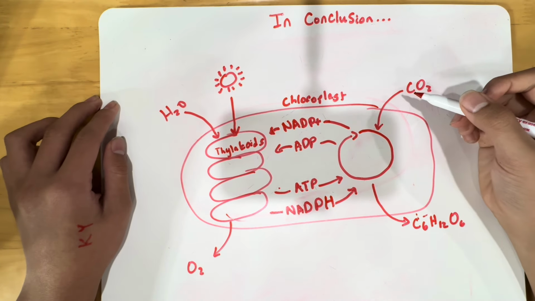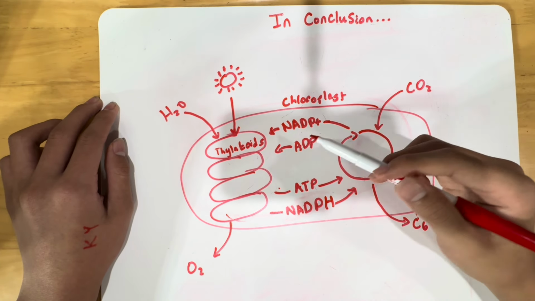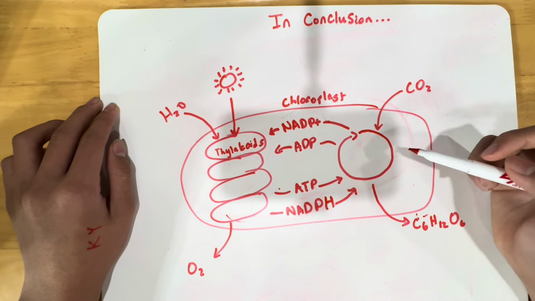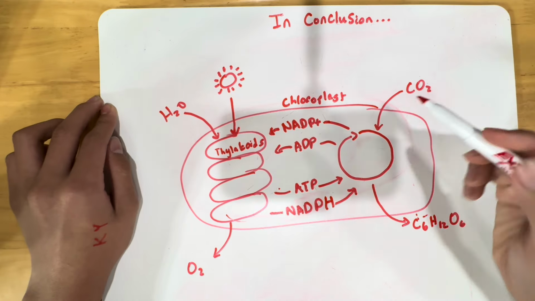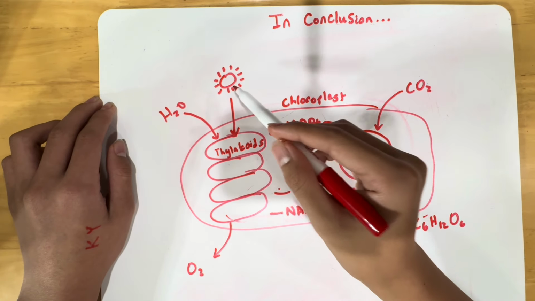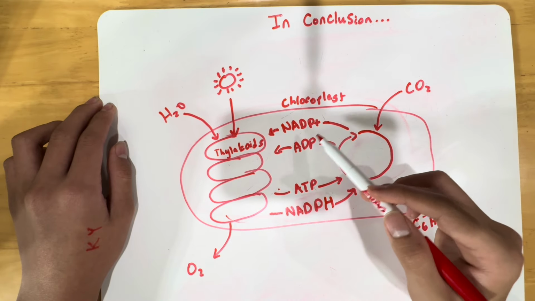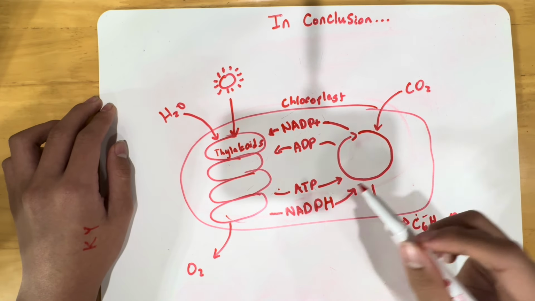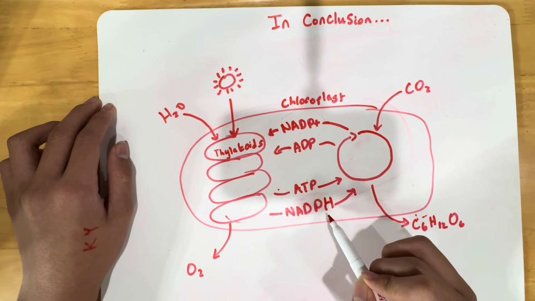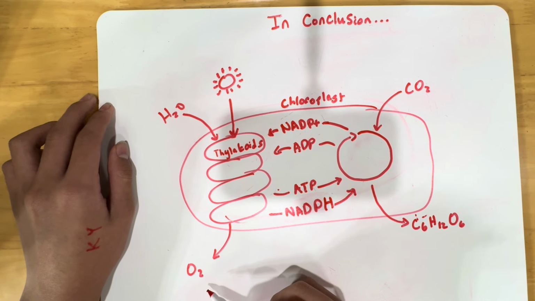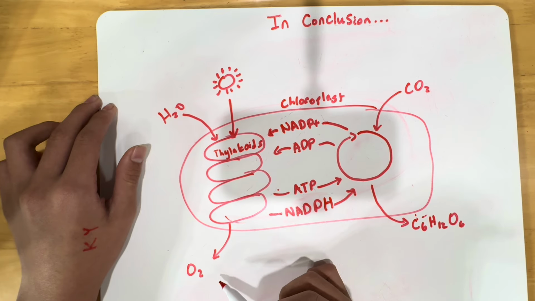In conclusion, photosynthesis is split into two major parts: the light-dependent reaction and the light-independent reaction, also known as the Calvin cycle. The light-dependent reaction takes in sunlight and water from the environment, as well as NADP+ and ADP from the cell, and converts it to ATP and NADPH to be used in the second reaction, as well as oxygen gas, which it releases into the environment.